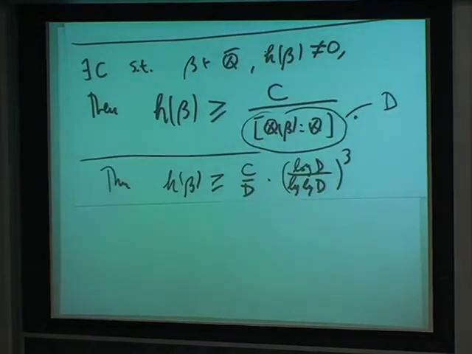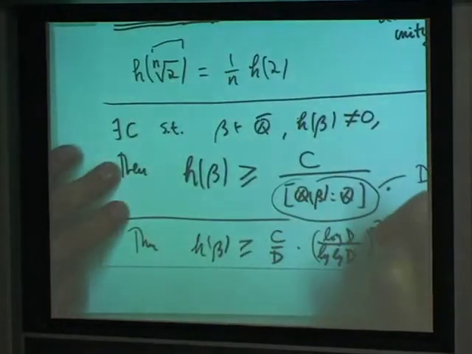This is due to Dobrovolsky, and that's the best. So it's pretty close, but this is a slightly worse estimate because this side's slightly smaller than that side.